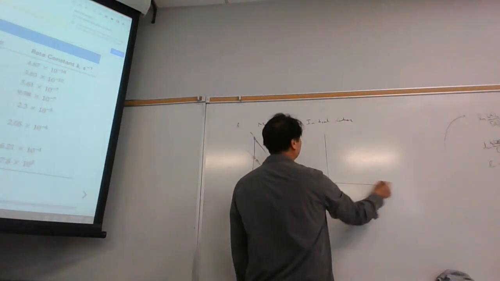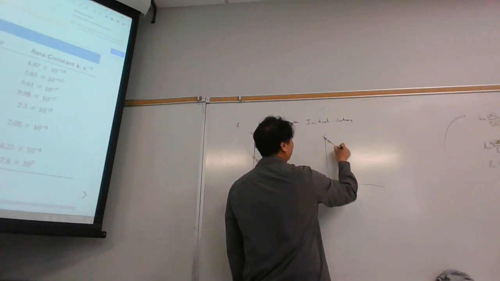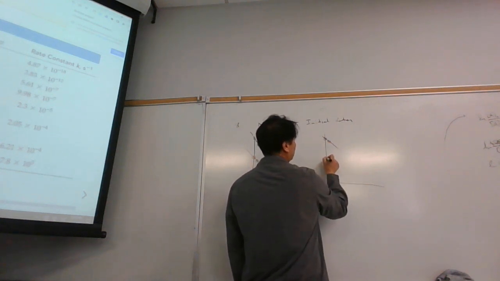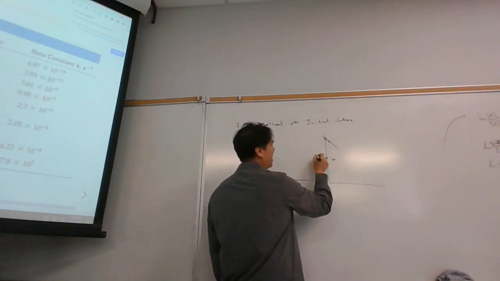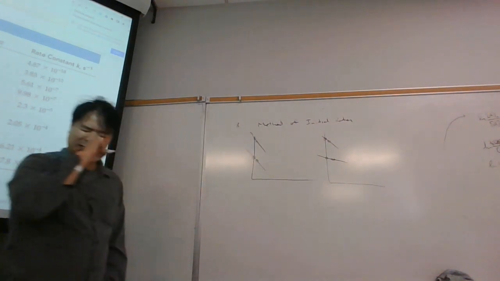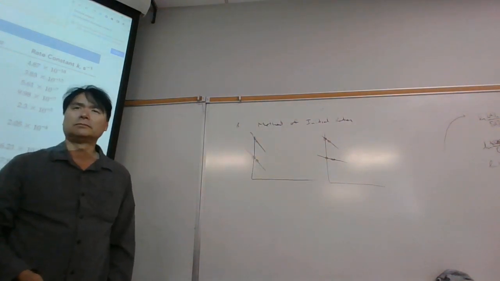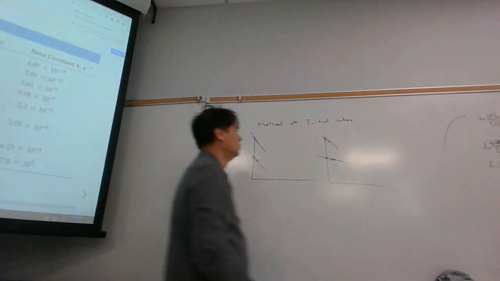The other alternative is if we look at the initial rate for run 1, but when I do run 2, I start off at half the concentration, and run 2 has half the rate. Then I know it's got to be first order.